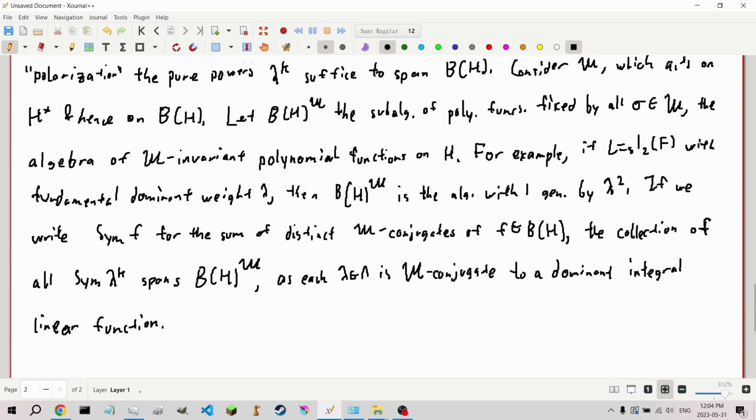Now we're going to let G be the inner automorphisms of L, which we know is generated by the exponentials of the adjoint of the nilpotent elements.